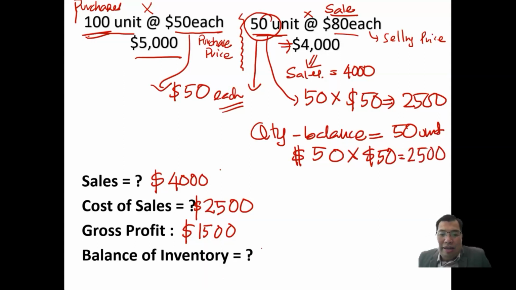So this is the process, the example, of how and why we need to determine the cost of sale, to determine the value of inventory, because it helps you record the balance of inventory and also the cost incurred in determining the gross profit.